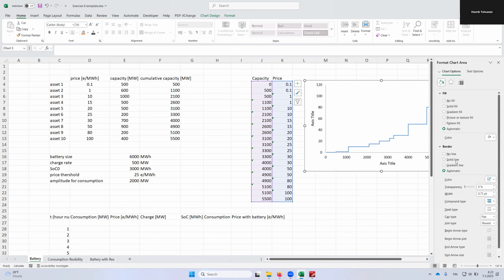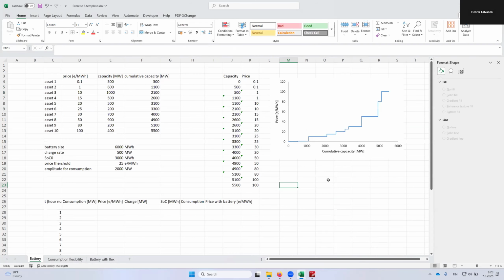And let's lose the border. Yeah, so this is price in euros per megawatt hours, and this is going to be cumulative capacity in megawatts.